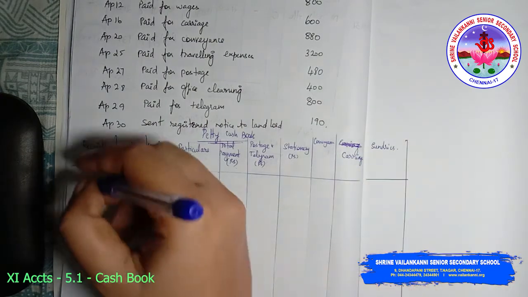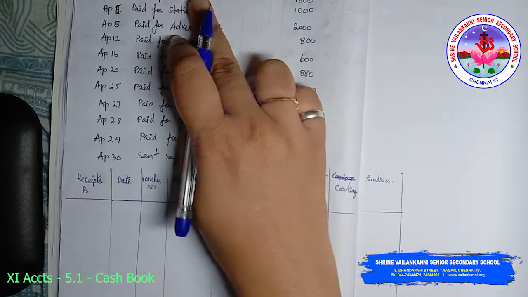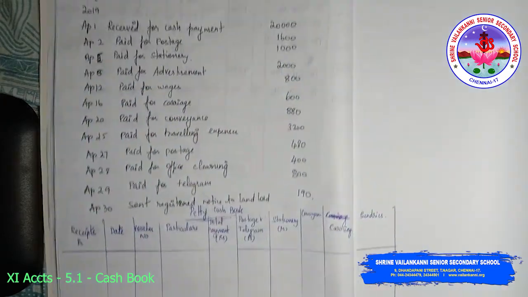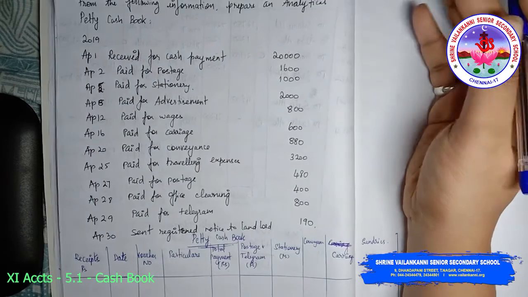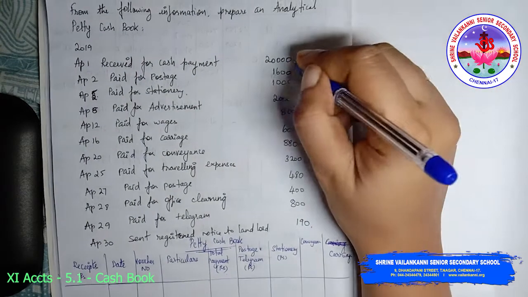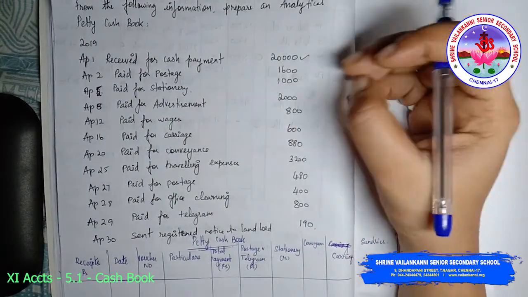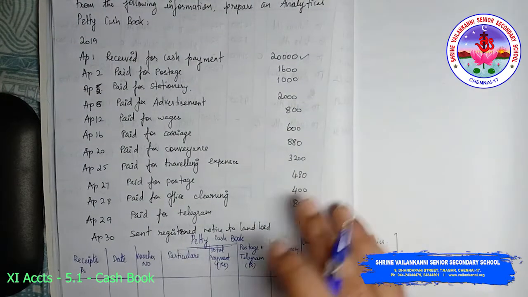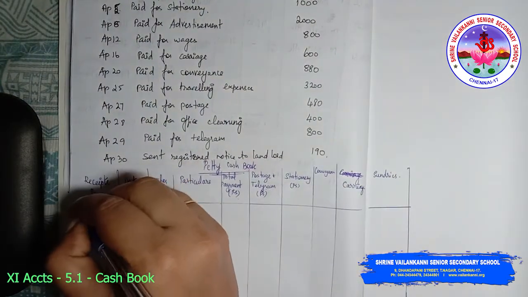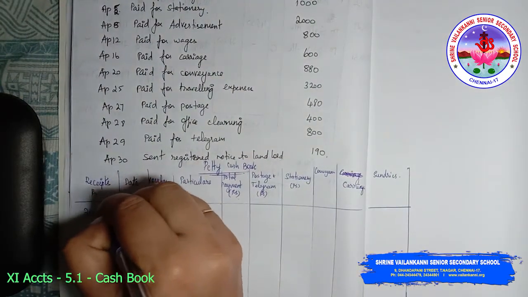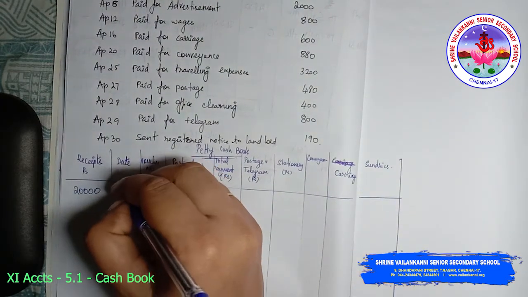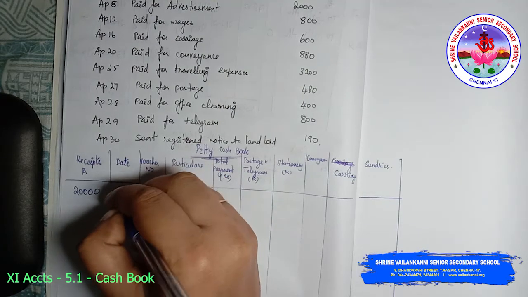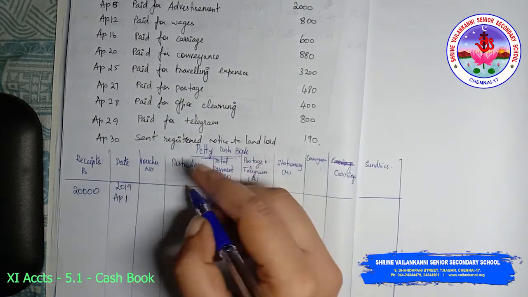First, receipts: you are aware that it is received for cash payments. The head office or any office will allocate a particular cash for these petty expenses. So that is receipts, and you write 20,000. The date is 2019 April 1.